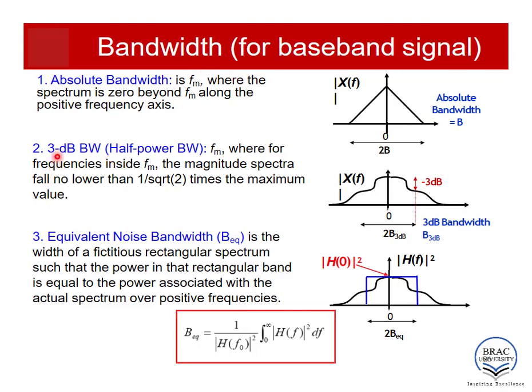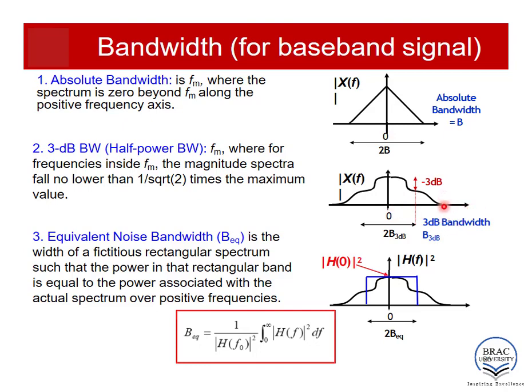The next way of measuring bandwidth is the 3 dB bandwidth, or half power bandwidth. As you can see in this illustration, this is the frequency spectrum of a signal. The majority portion of the spectrum is close to zero frequency, and as the frequency increases, the components corresponding to those frequencies also decrease. So if we want to consider the total power on the positive frequency side, we have to go up to this frequency.